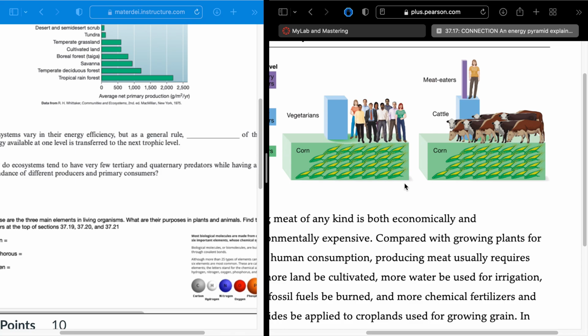On top of that, when we talk about pollution, when you have pollution in the environment, the pollution gets more concentrated the higher up you go. So if you eat low on the food chain, there's less pollution that you're going to get inside your own tissues. But now the cows are going to accumulate the pollution, and then when you eat it, you get it even more concentrated in you.